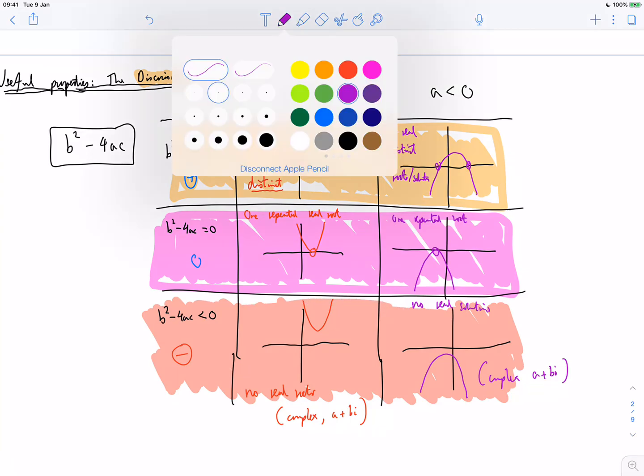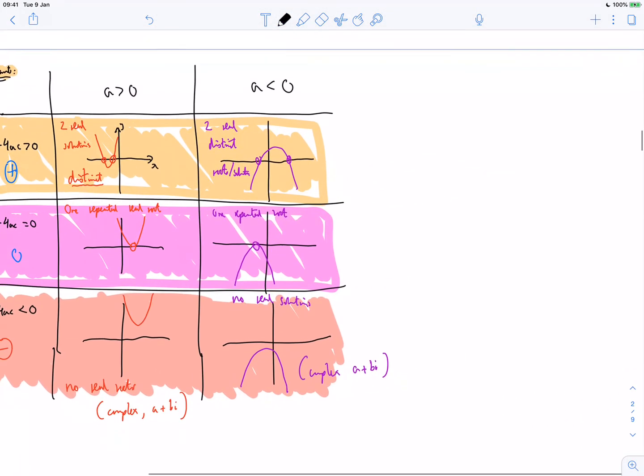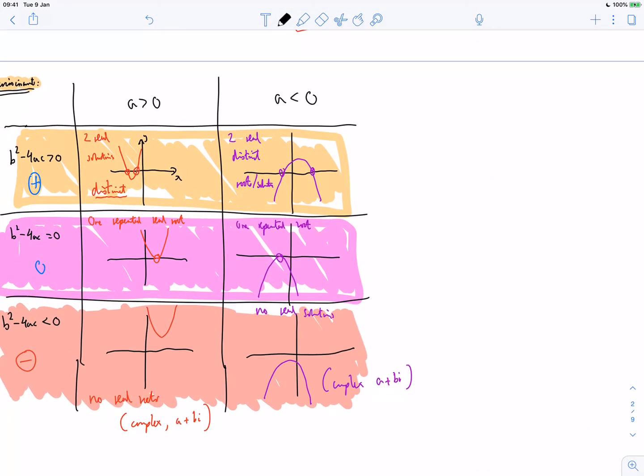Okay, a couple of side notes. If b squared minus 4ac is greater than 0, then it might factorise or it might not. So you might have to use the quadratic formula, you might have to complete the square. It's not that obvious. But when b squared minus 4ac is 0, notice that 0 is 0 squared.